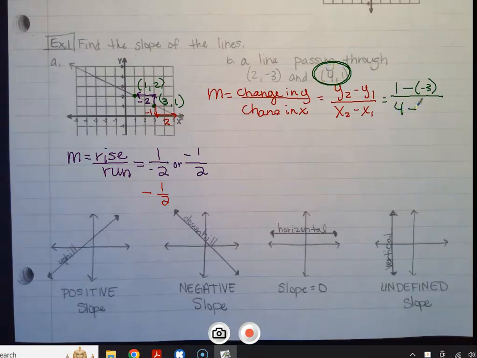Minus, what's my x value? 2. Okay, 1 minus -3 is 4. 4 over 2. Okay, so it's not a -4, right? Because 1 minus -3 would be like plus a positive. Okay, so this can be simplified. What would we simplify to?